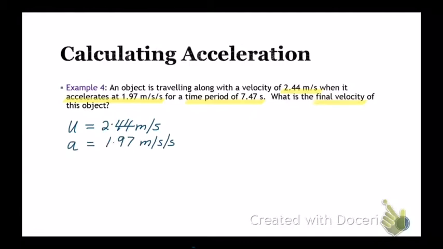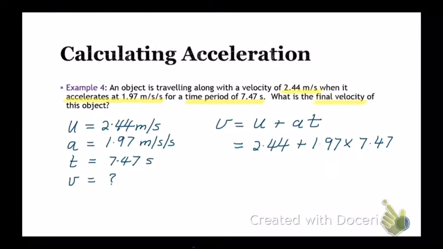Acceleration 1.97 meters per second squared. I'm emphasizing the correct units. And we're trying to find the final velocity. We're using the rearranged formula this time, V equals U plus AT. Substitute the data, calculate it, and the correct units are meters per second, and that's our answer.